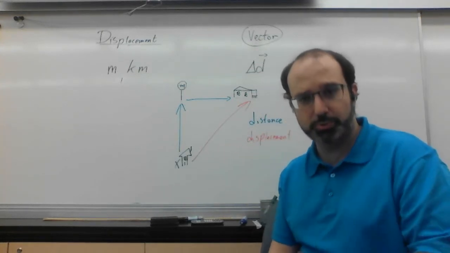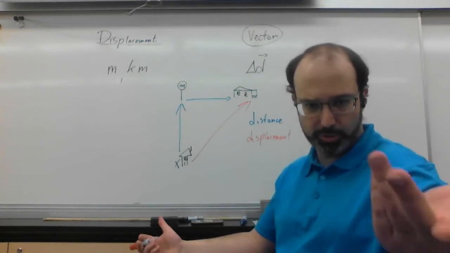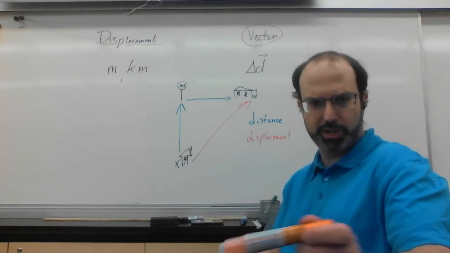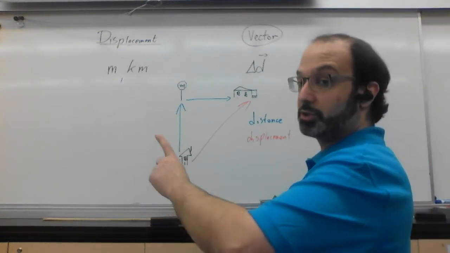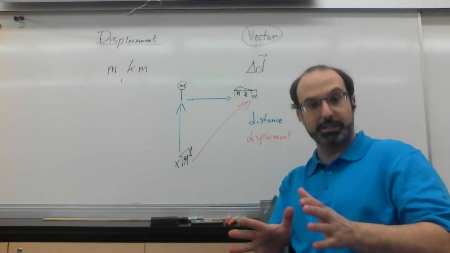So displacement is what you do if you just measure directly from start to end. It's, if you could fly, if you could teleport, or whichever method of transport you can actually do that you don't want to let everyone else know you can do. And that's it. That's basically the idea.